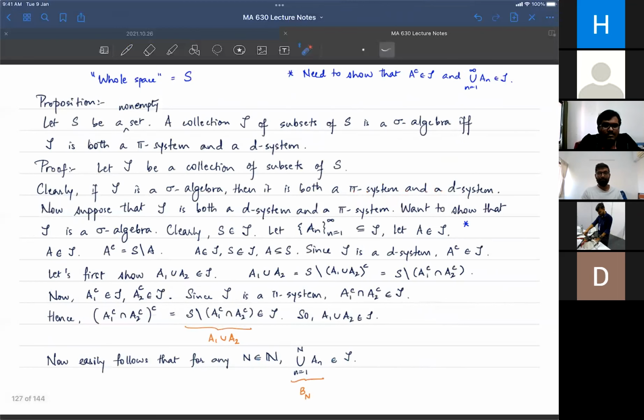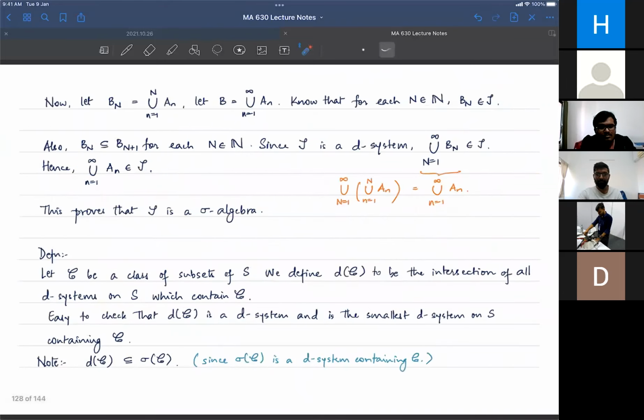I have shown here that if I take the union of any finite number of Ans, the result will be in S. But this quantity, the union of An, n going from 1 to capital N, is simply what we're calling B capital N. In other words, we know that for each capital N, B capital N is in S.